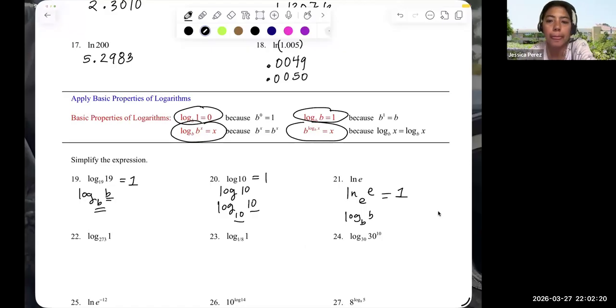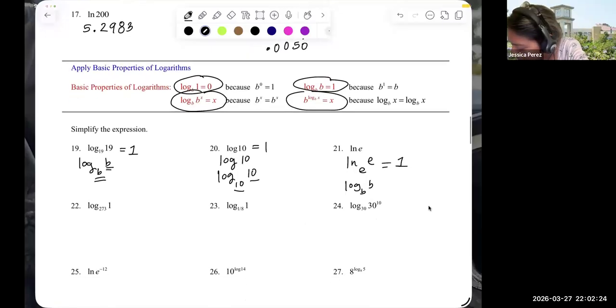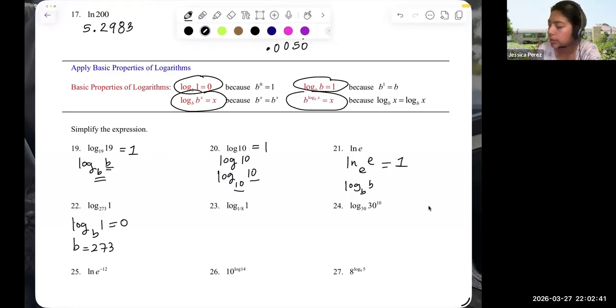Now for the next part, we have log base b of 1 is equal to 0. So b in this case is 273, and then the exponent, or the solution, if you will, is 0.